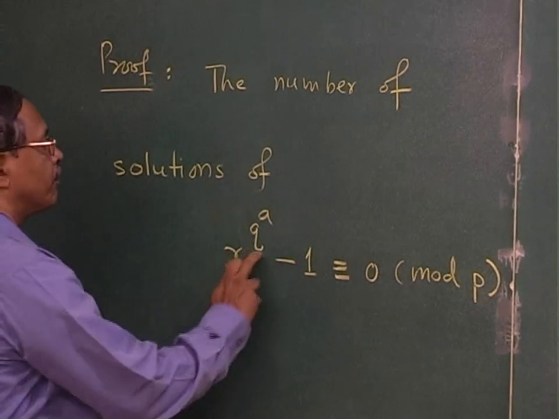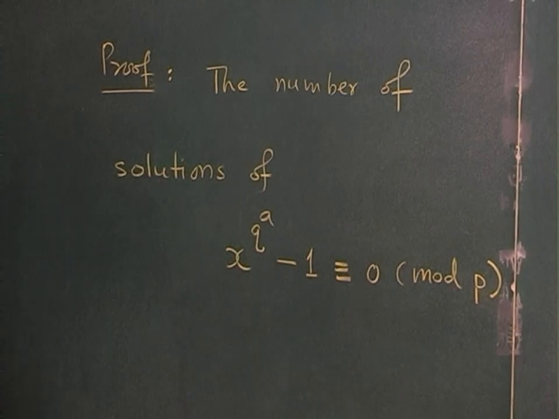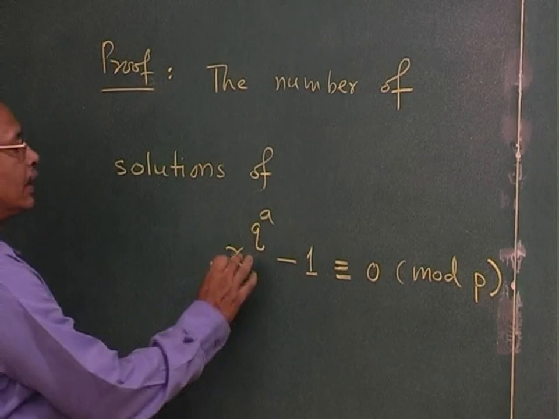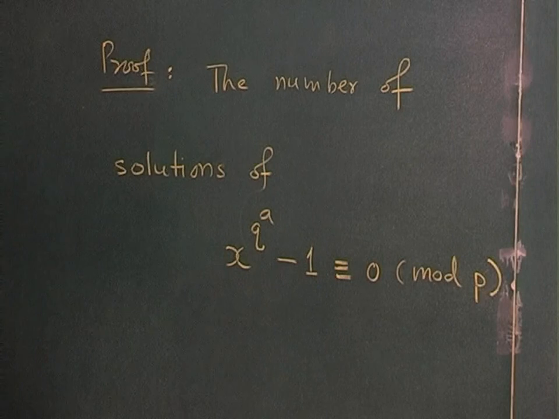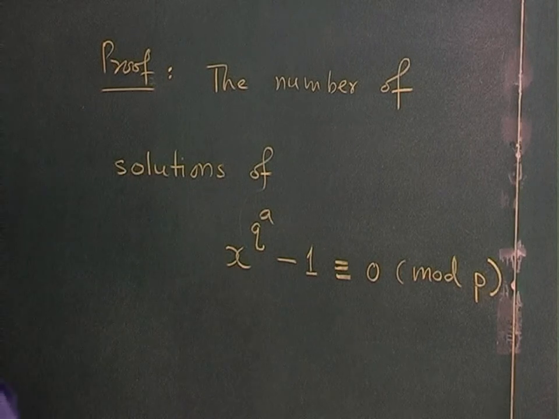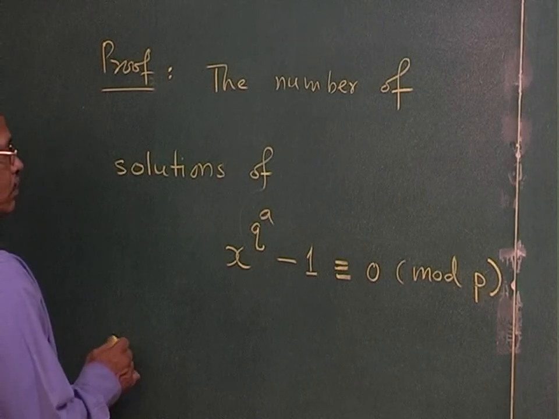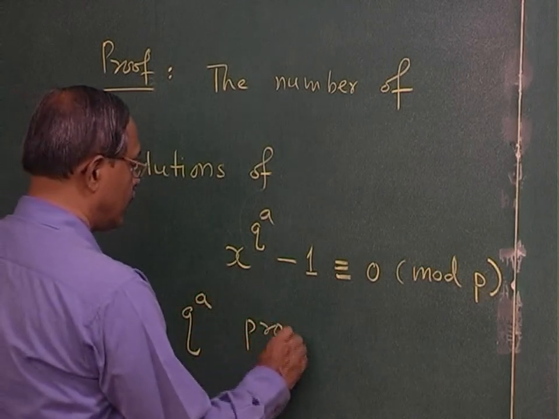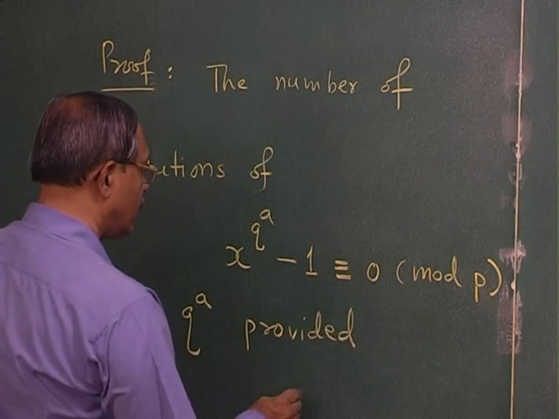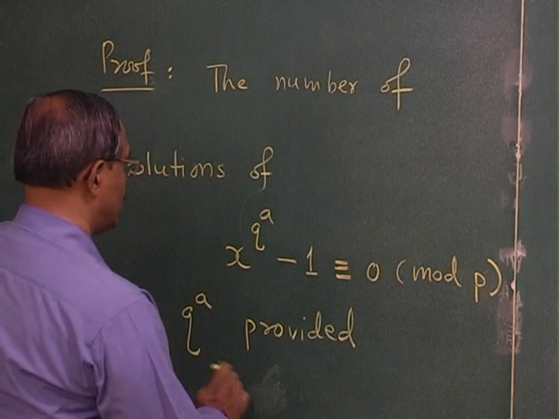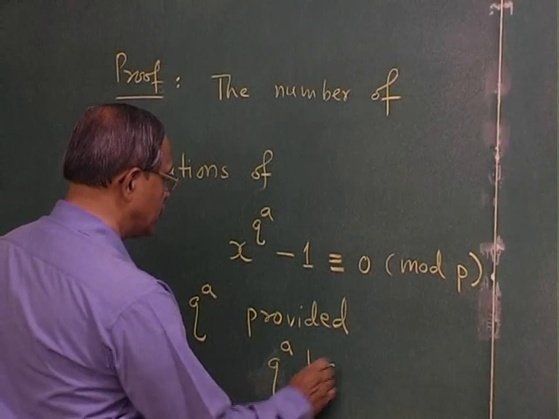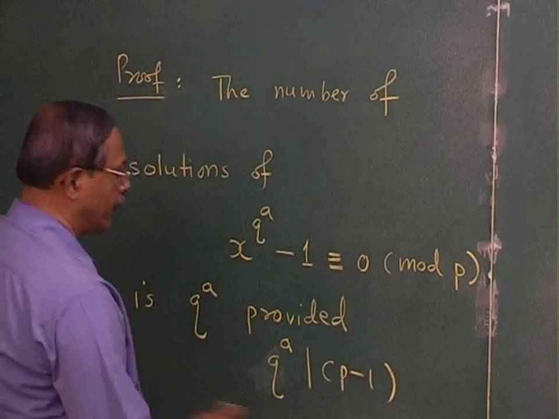We have seen that if this d divides p minus 1, then there are d solutions, d equal to q raised to a here, solutions to this congruence, provided q raised to a divides p minus 1, and here this condition is satisfied.